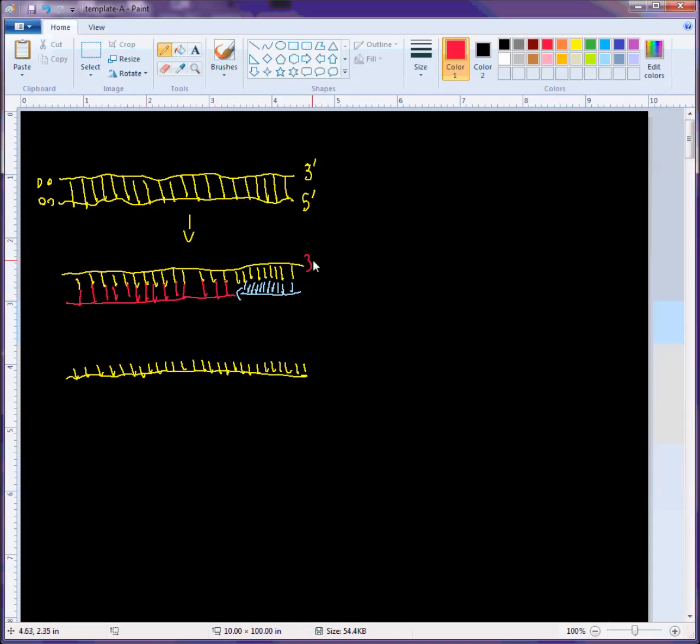And this is the 3' end, and this is the 5' end. And this one right here, okay, this is no problem. Since this is the 5' end, then this is going to be replicated all the way up to the end here. Okay, so now we have two DNA molecules.